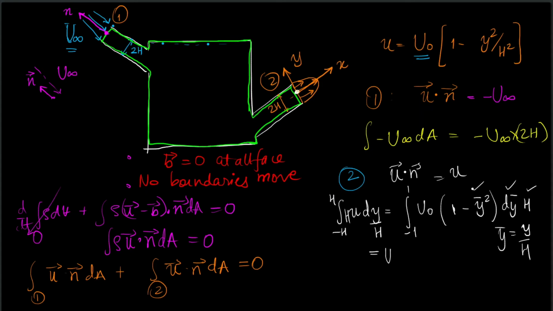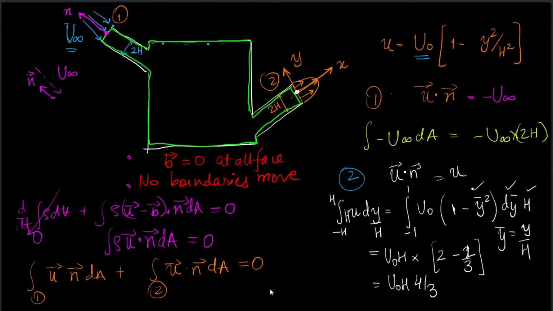This particular integral is u naught h times, so this is going to be y bar, so 1 minus minus 1, this is 2, and this is minus 1/3 y bar cubed, so 1 minus minus 1, so this is going to be 2 thirds, and this comes out to be u naught h times 4 upon 3.